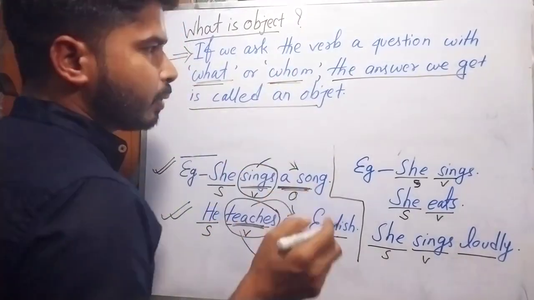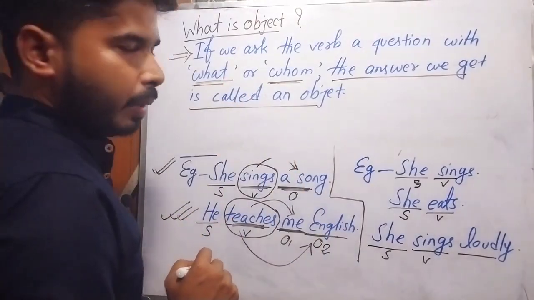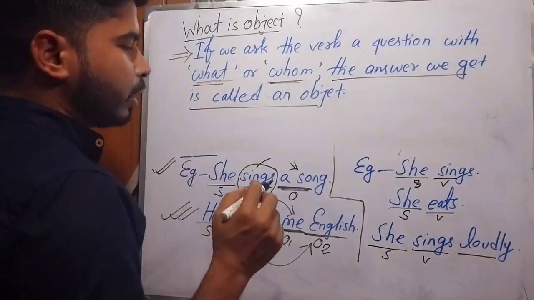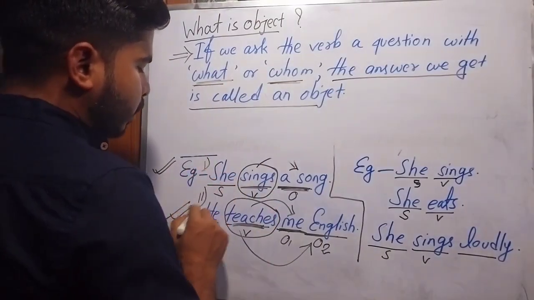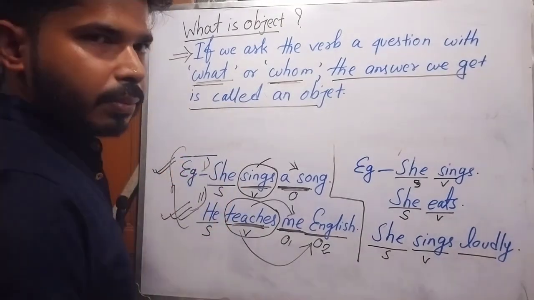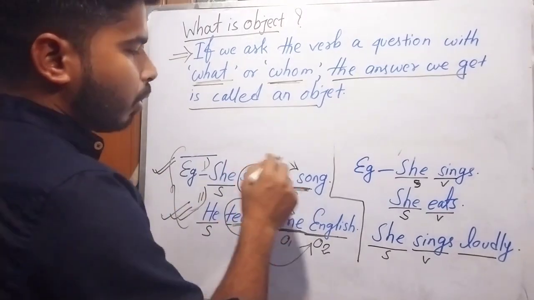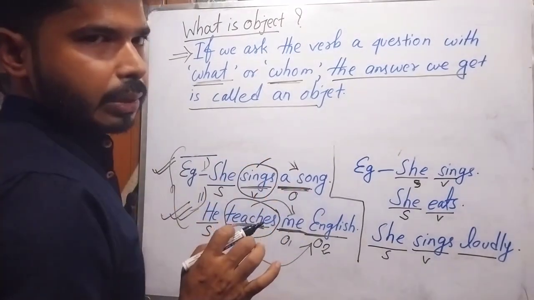So we have both answers in this sentence. As we are getting the answer in the first example and the second example also, that's why both the sentences are transitive, because we have the objects in both of the sentences.